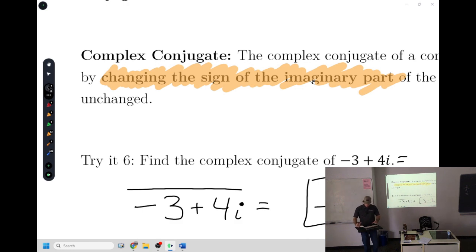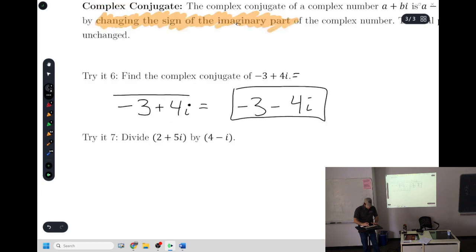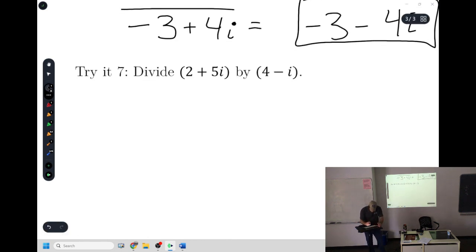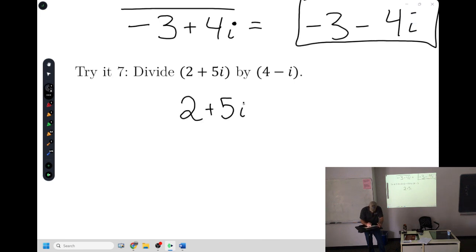All right. Why do that? Why need to invent this whole new term that seems random and pointless? For this exact reason. 2 plus 5i.